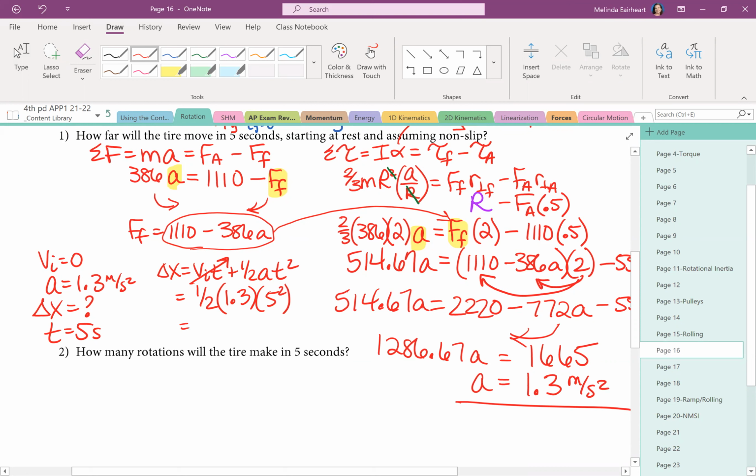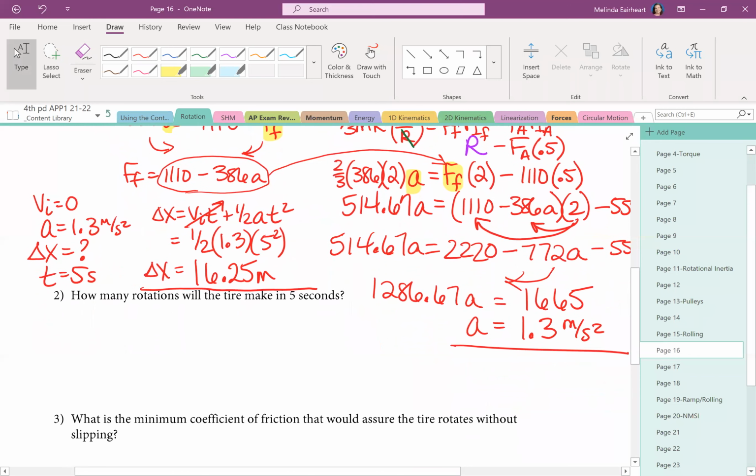And so 25 times half of 1.3, I get 16.25 meters. So that's a linear displacement. Good deal? And then keep that going.